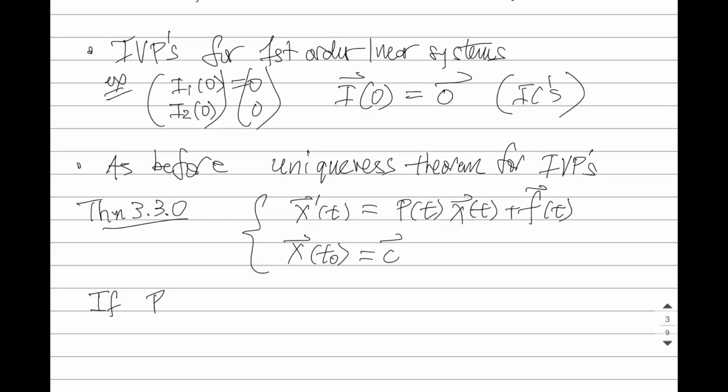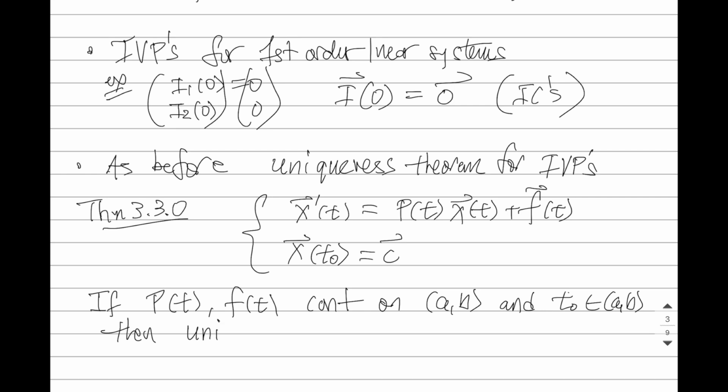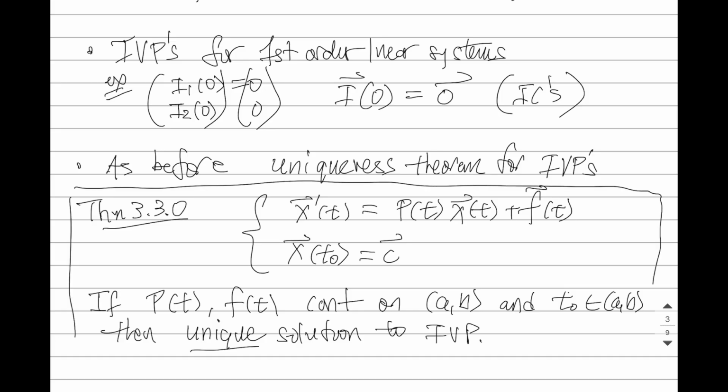If these functions p and f are continuous on some interval a, b, and our initial value lives somewhere on that a, b, then there is a unique, so one single solution to this initial value problem. And that's really the foundation for what we are going to develop in terms of the theory.